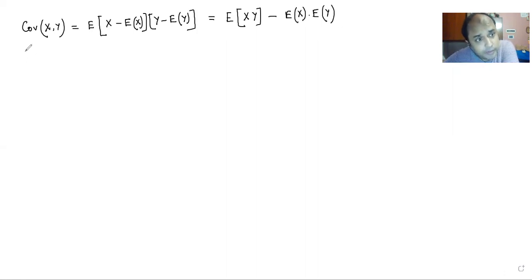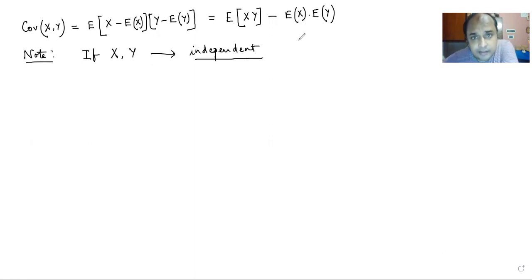A very important point to be noted is the following. Suppose the two variables that you are considering, X and Y, are independent. If these two variables are independent, then we can easily show that expectation of XY is actually expectation of X into expectation of Y. As I told you, it does not always happen, but for certain special cases it happens.